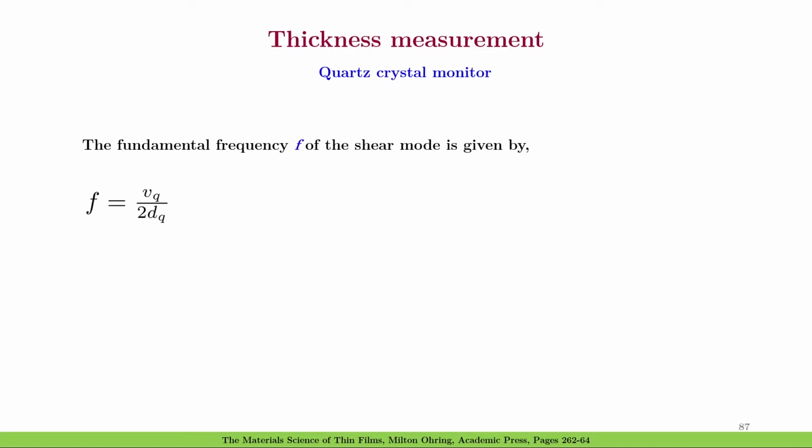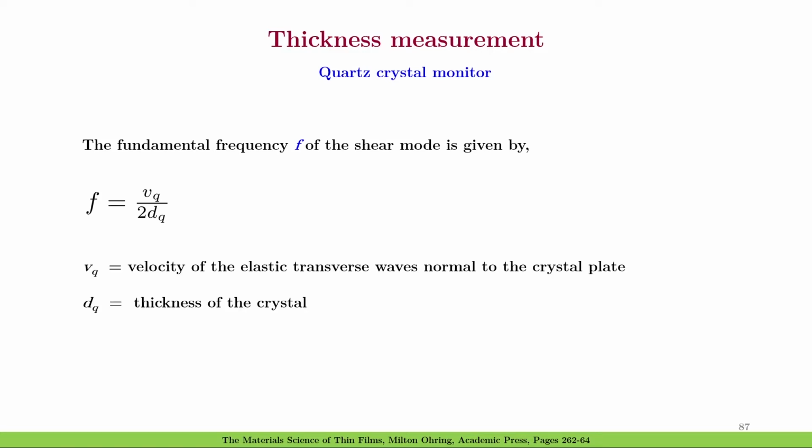The fundamental frequency f of the shear mode is given by f equal to Vq over 2 times dq, where Vq is the velocity of the elastic transverse waves normal to the crystal plate and dq is the thickness of the crystal.